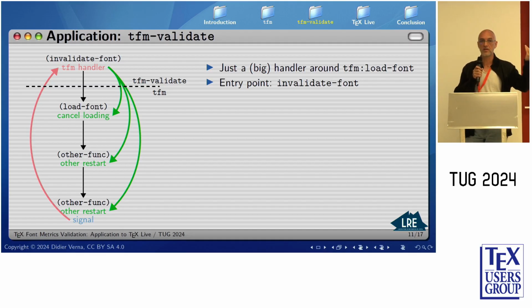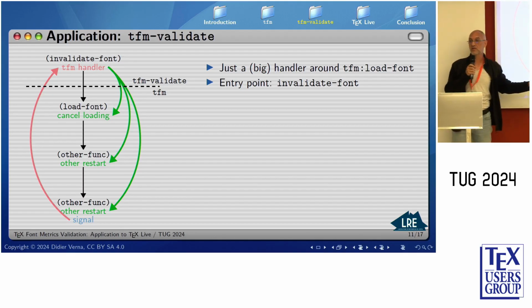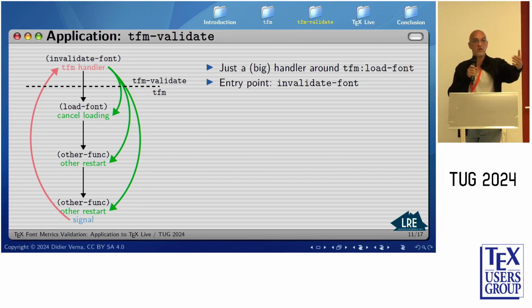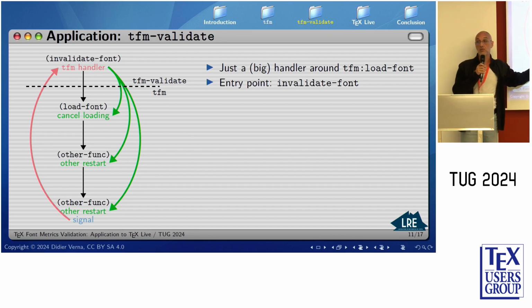It catches everything, and then its only job is to use the available restart, which will allow me to continue parsing as far as possible, instead of just giving up.